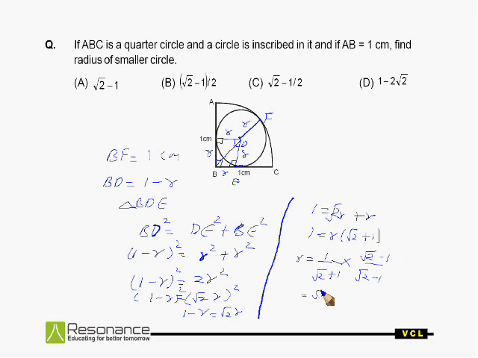We get root 2 minus 1 upon 2 minus 1, which comes to be root 2 minus 1. The radius of the smaller circle is root 2 minus 1 centimeter. So option A is correct.